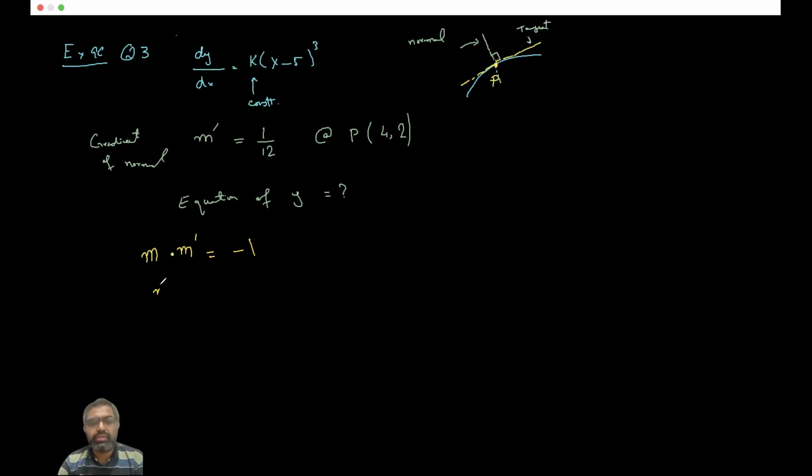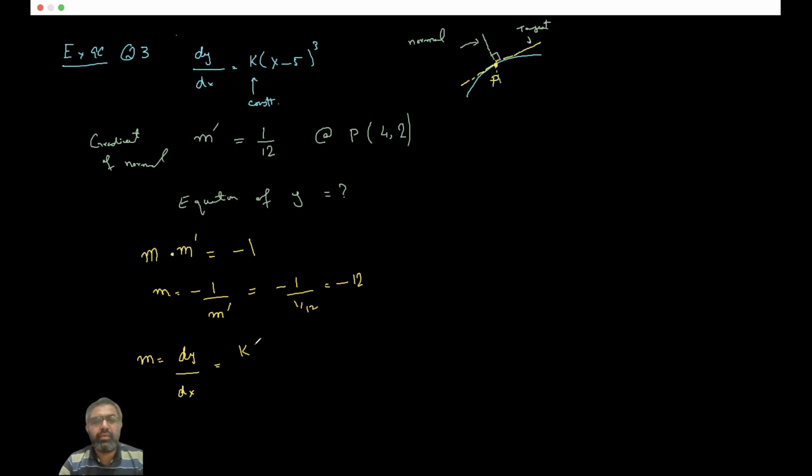In other words, m is equal to the negative reciprocal of the gradient of the normal. So over here, minus 1 over 1 over 12, this becomes equal to -12. So the gradient of the curve, dy by dx, at our given point is equal to -12.